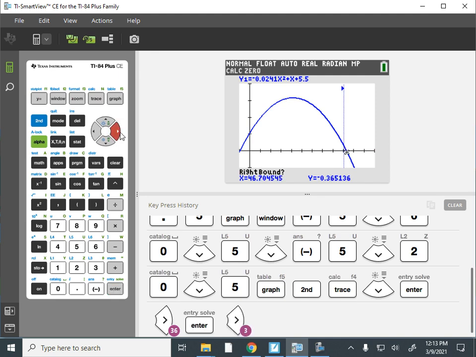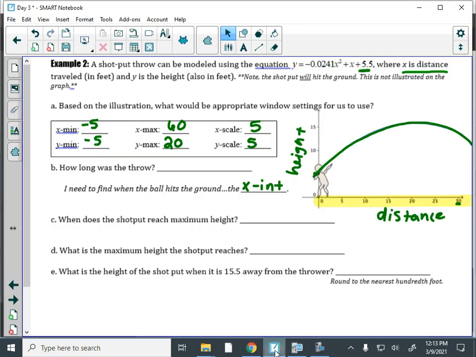Go below, hit enter, and hit enter again. And roughly about 46.41 feet is the length of the shot. That's how far they threw it.